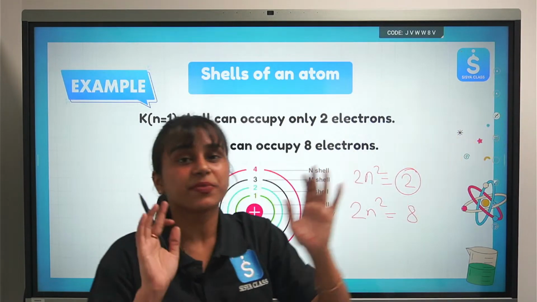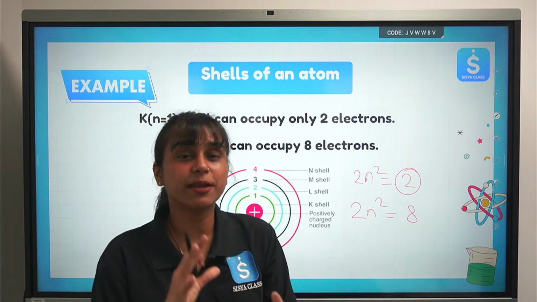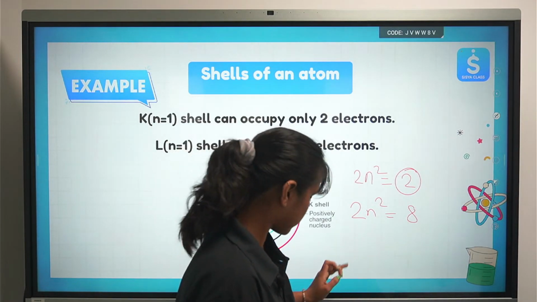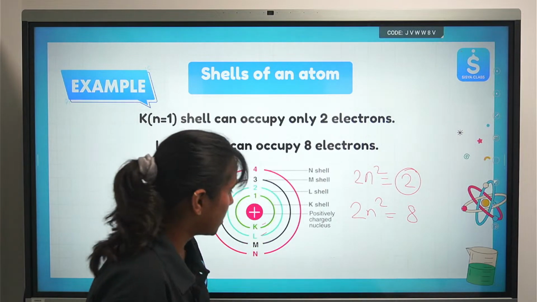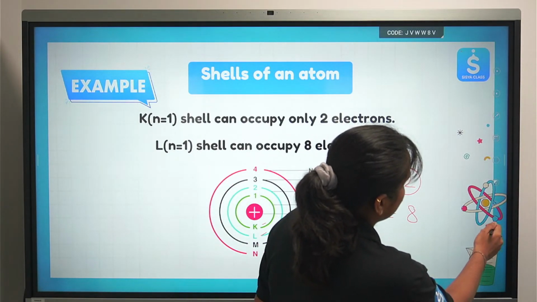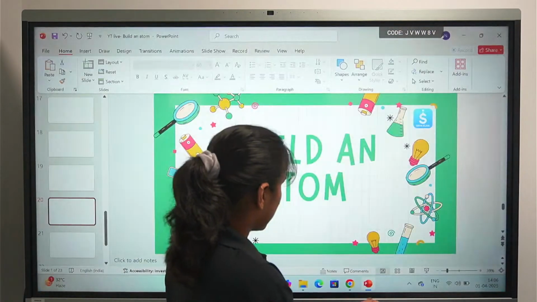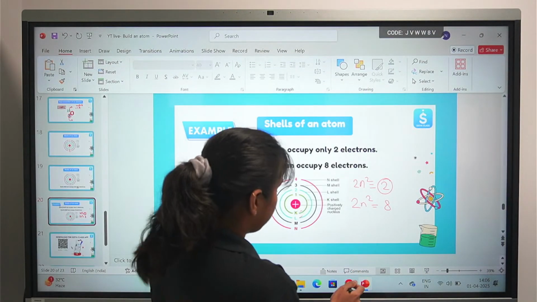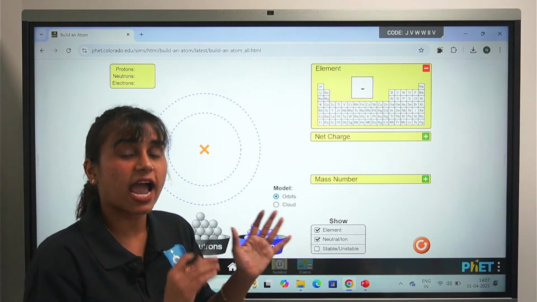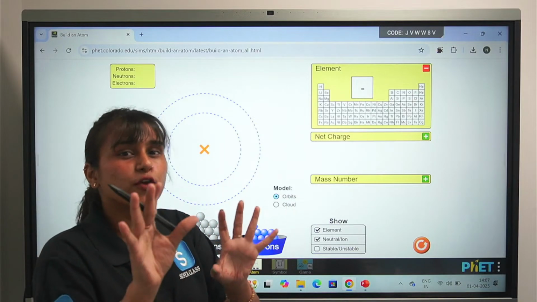Now finally we are going to understand how we can build an atom using simulations. So we have the simulations here, and we'll one by one build a few elements.